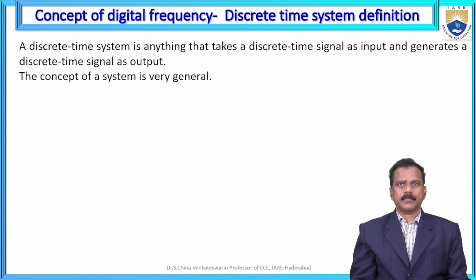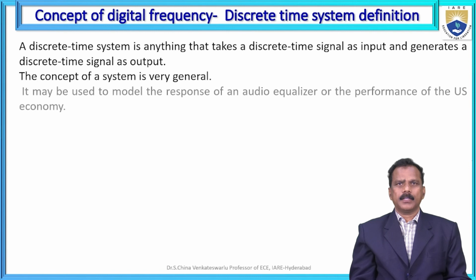The concept of a system is very general. It may be used to model the response of an audio equalizer or the performance of an economy, like the US economy or the Indian economy.